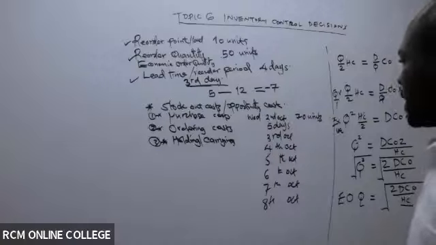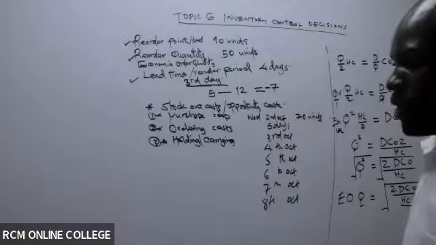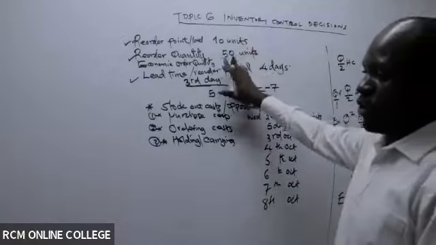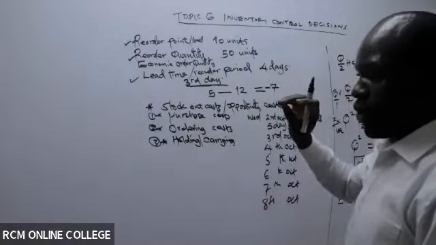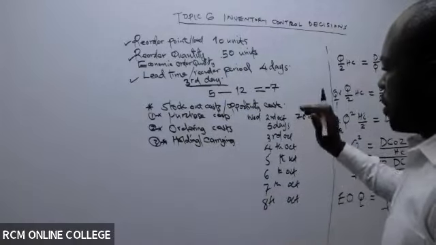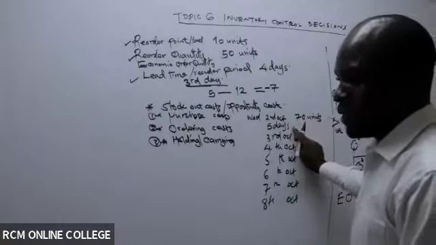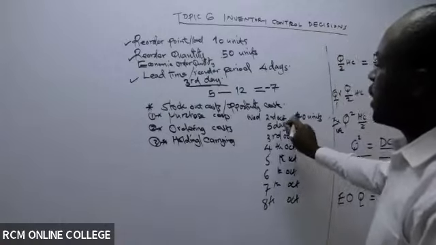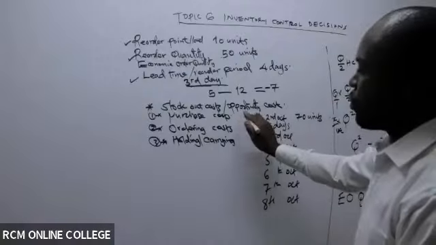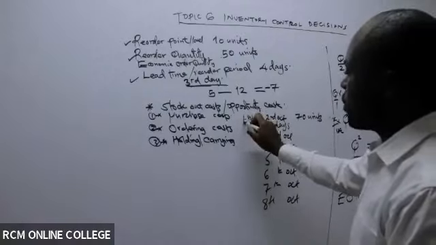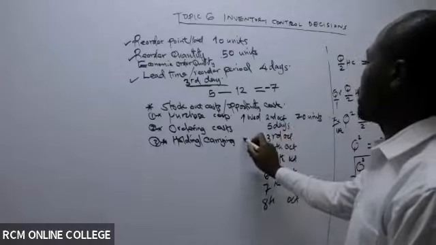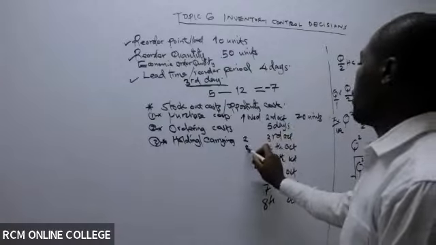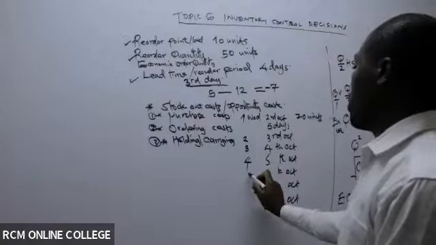So we are going to agree on something here. As we take care of this concept, when you are told that you have to wait for 5 days, the 5 days includes the day that the order was made. So your 5 days will start from this Wednesday. That will be day 1, 3rd will be day 2, day 3, day 4, day 5.